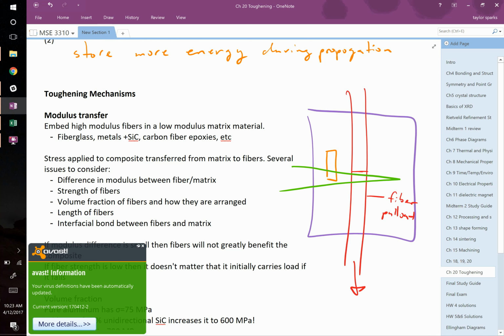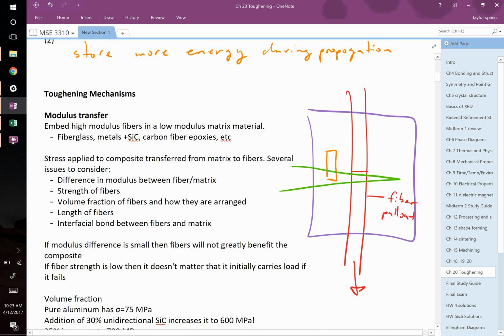So it's this interesting game where you don't want these things too loosely bonded, because then they pull out really easily and you don't store a lot of energy. But you can't have it too strong where it won't pull out at all. So there's this optimal range for bond strength to get your maximum amount of toughening.